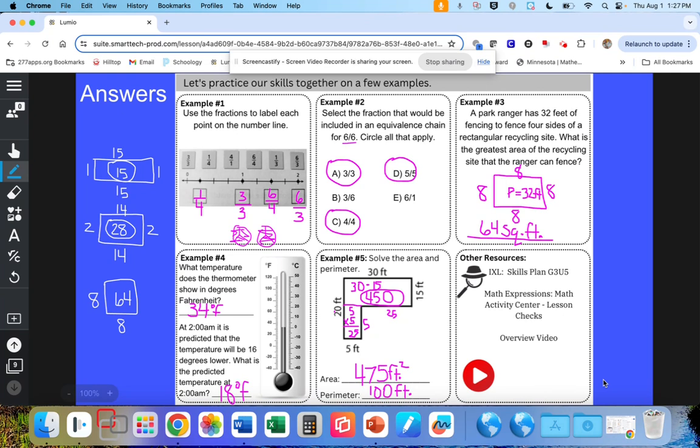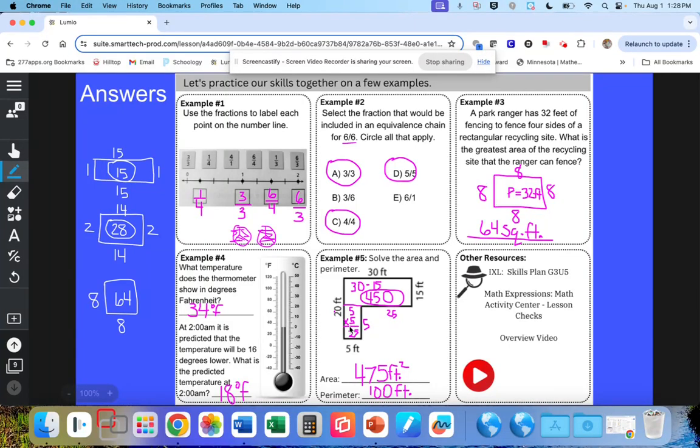Solving the area. Again, you wanted to walk your shape, find your missing sides. So we have a missing side of 25 and a missing side of 5. We're finding the area and perimeter of this shape. So if I add up all my outside amounts, I would get my perimeter of 100 feet.